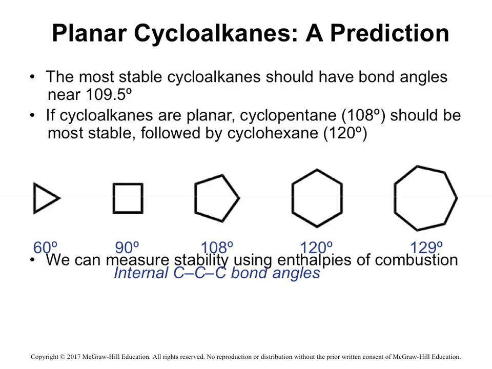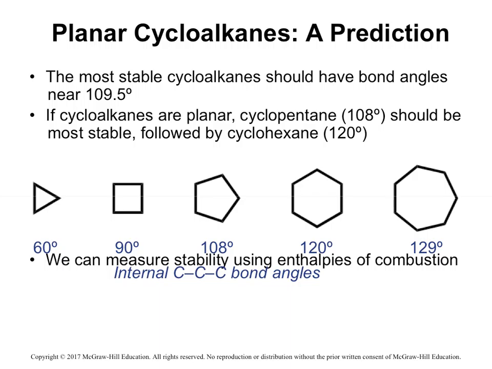This is just true geometry. I usually would ask students. Usually students could figure out the angle of a triangle is 60. They could figure out that 90 was a square. But then they would forget geometry from then on. Okay? All right, so if you go to 5, to a pentagon, it's 108 degrees.